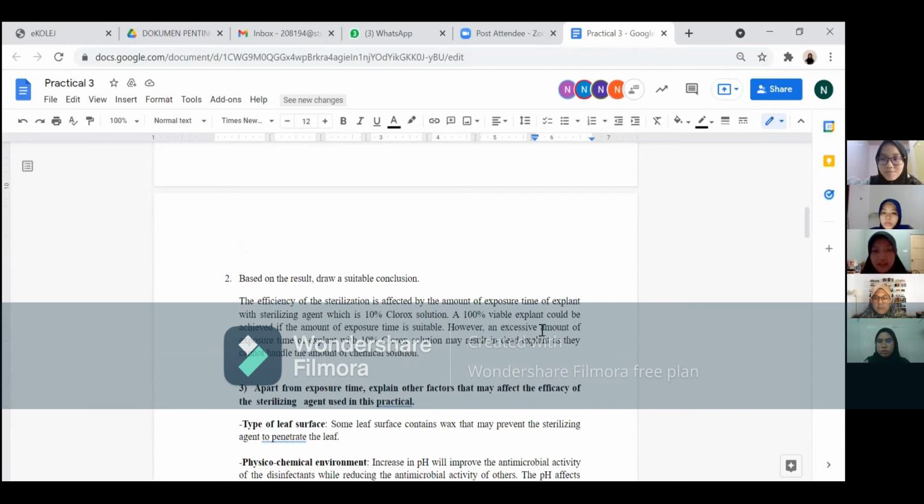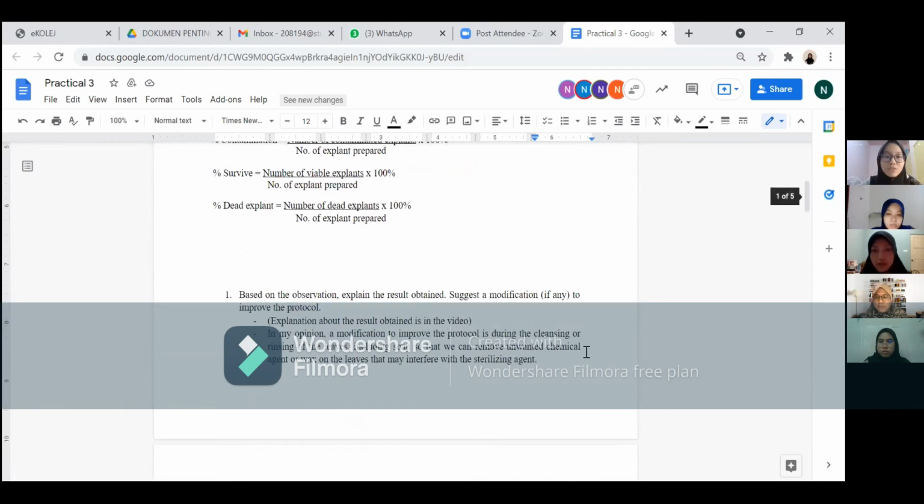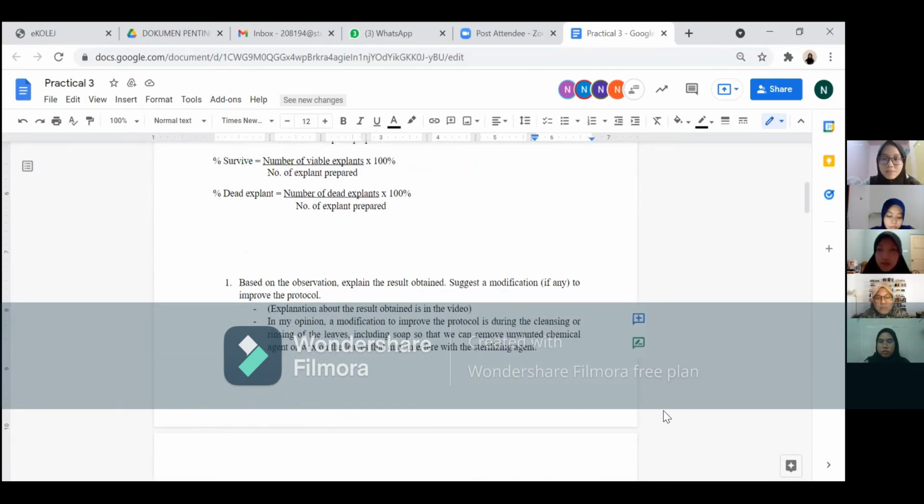May I add some points for modification question number one? Sure. We can also stir the explant while it is being disinfected to enhance the contact of the explant with the disinfecting agent.